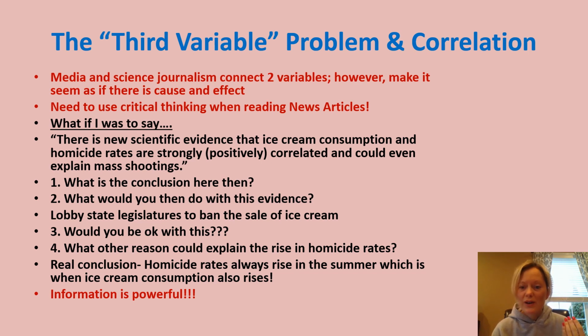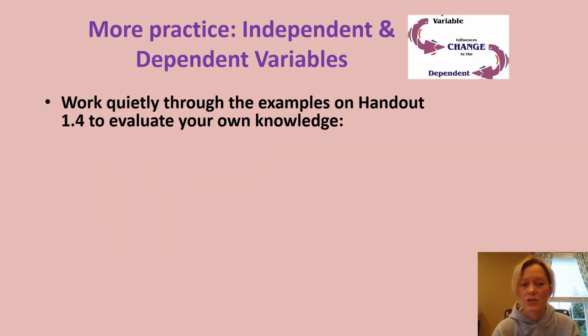It's because of the weather and the heat that gets people agitated, and more crime happens in the summer. More people are together as opposed to the winter when people are separated in their homes more often. But because they're positively correlated, people could take information like that and run with it. That's why it's important to realize that correlation is not causation. It just has a relationship.